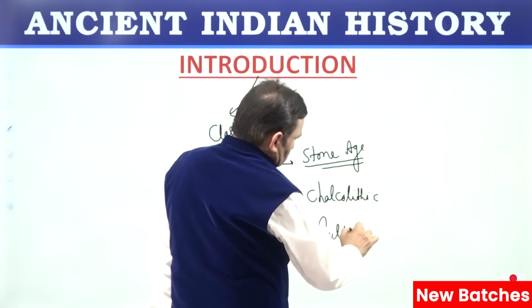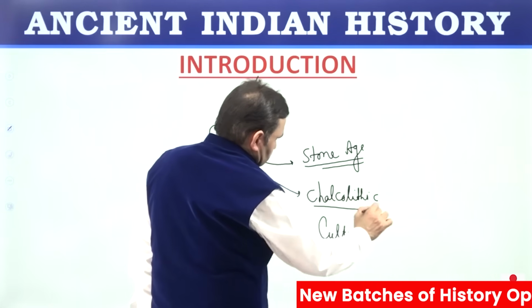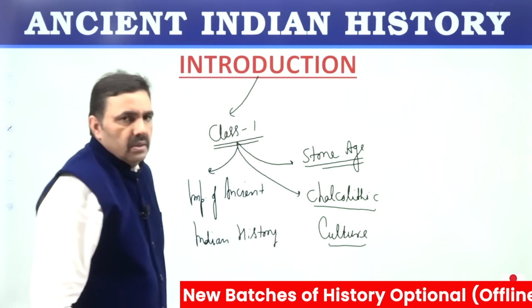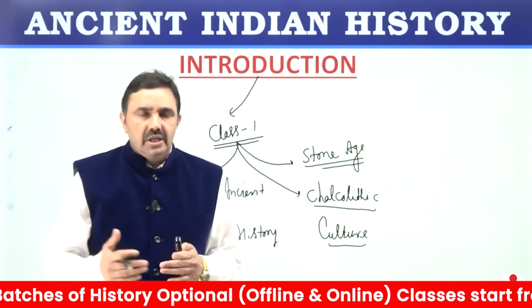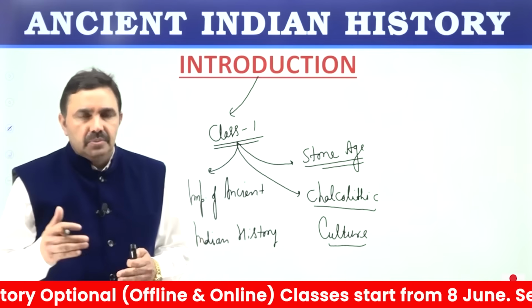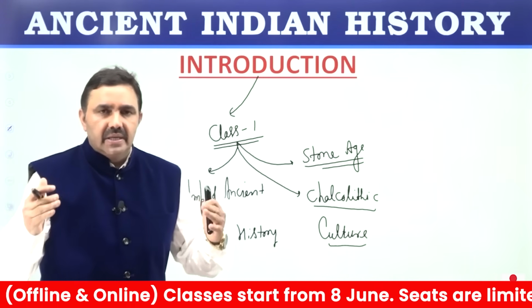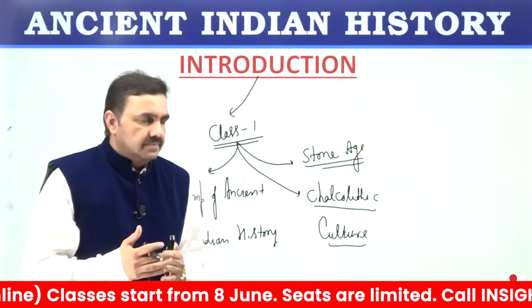So by this time you know what we mean by the term Stone Age, what you mean by Chalcolithic, and what is culture. And I hope you can recall how culture and civilization are different.